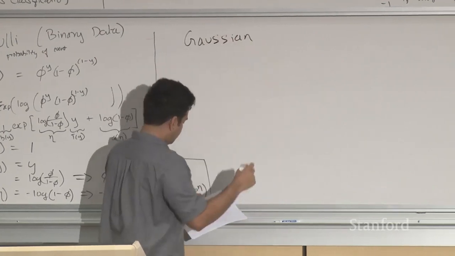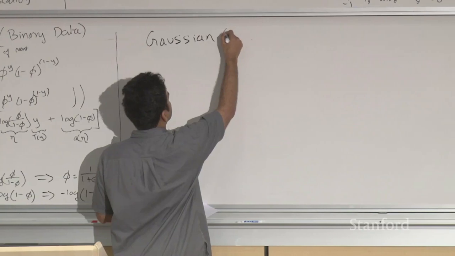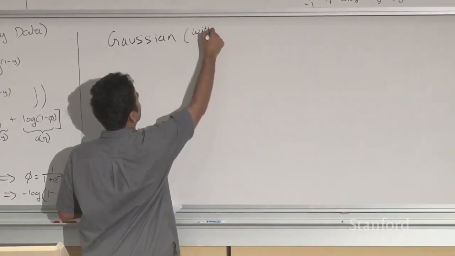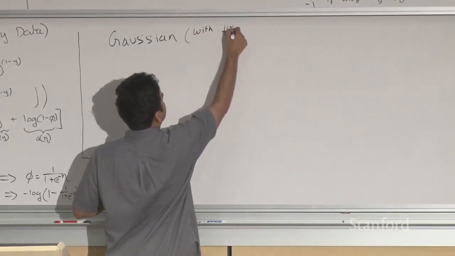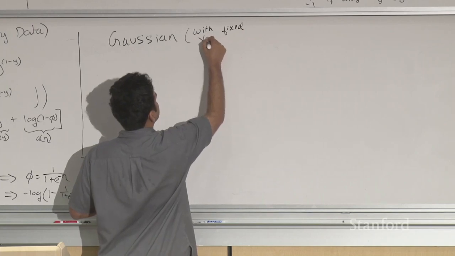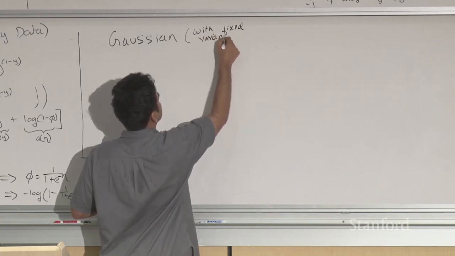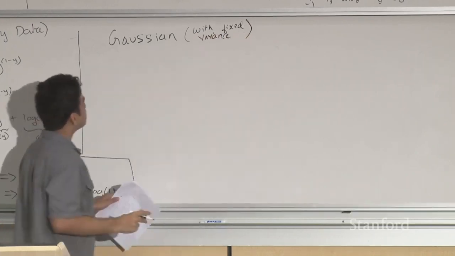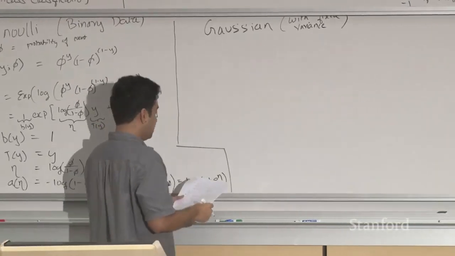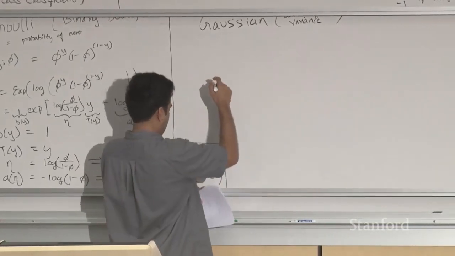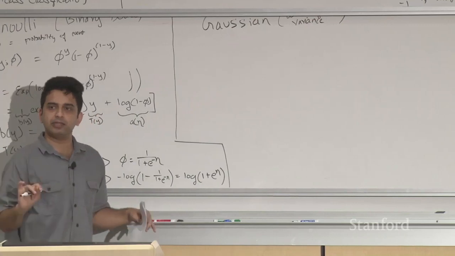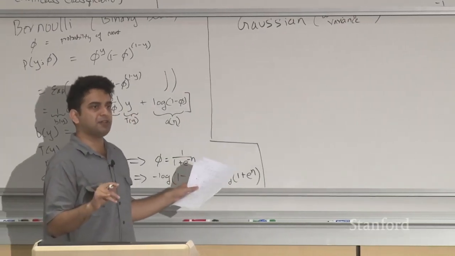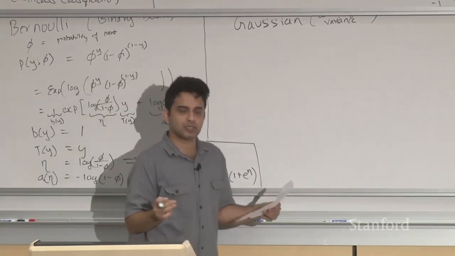A Gaussian with fixed variance. A Gaussian distribution has two parameters, the mean and the variance. For our purposes, we are going to assume a constant variance.